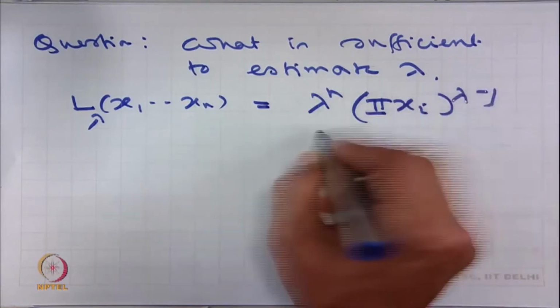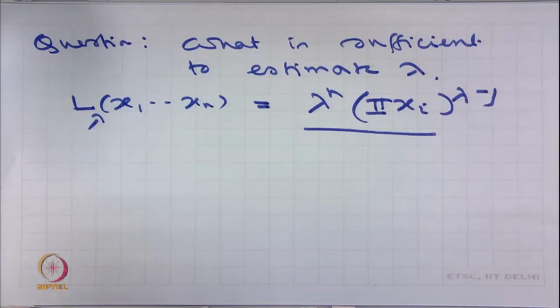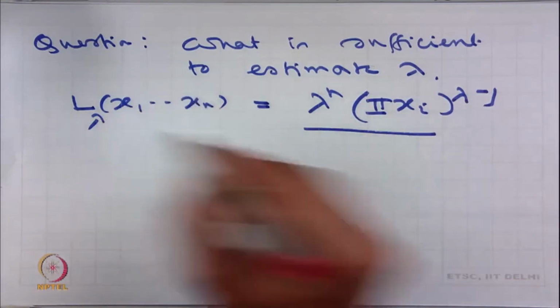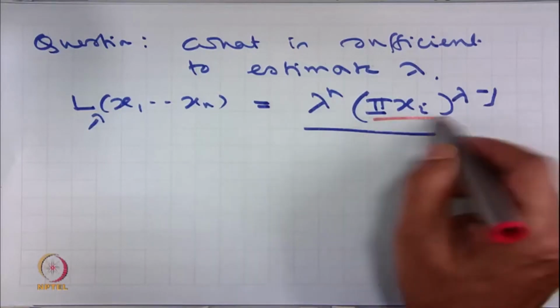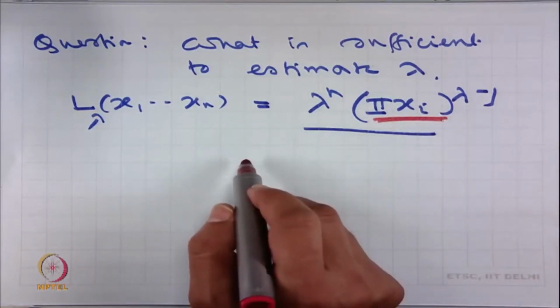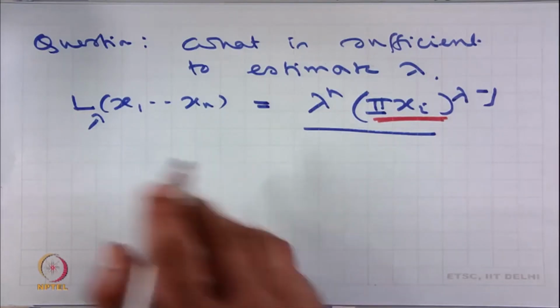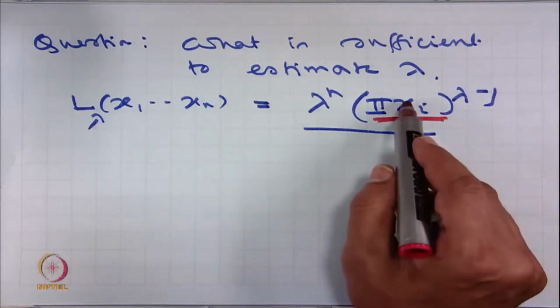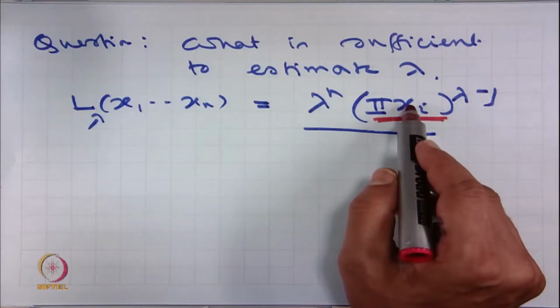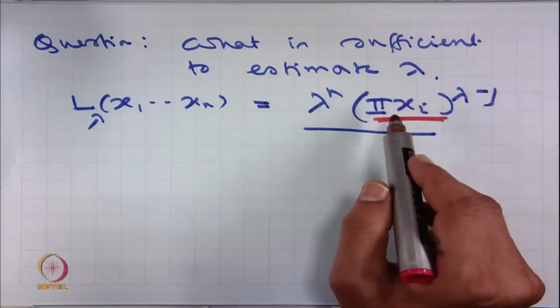So, from here we can see that the joint density of x1, x2, xn depends upon only the product of xi. So, it appears that to estimate lambda, only product of xi is important. We do not need any other information.